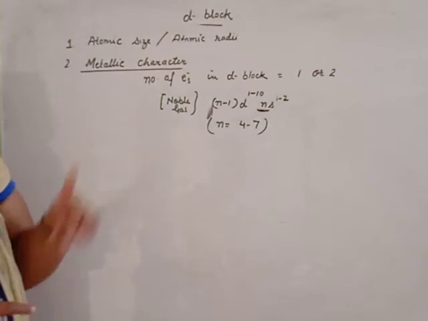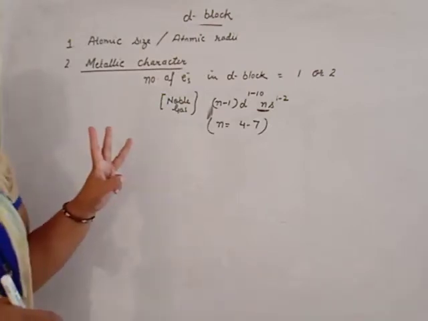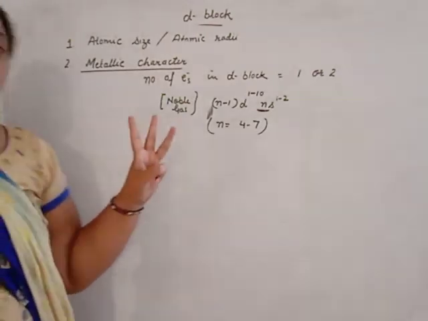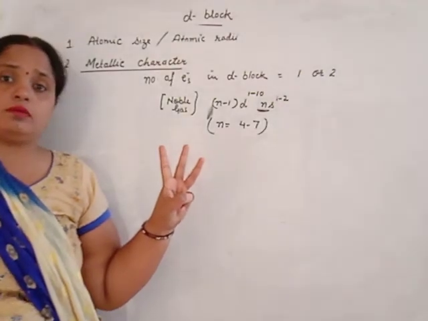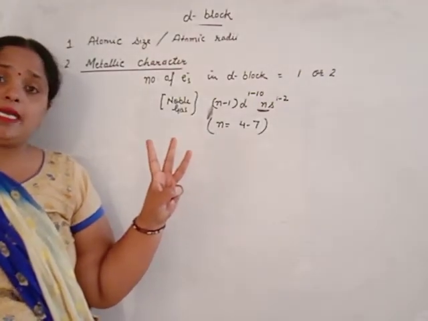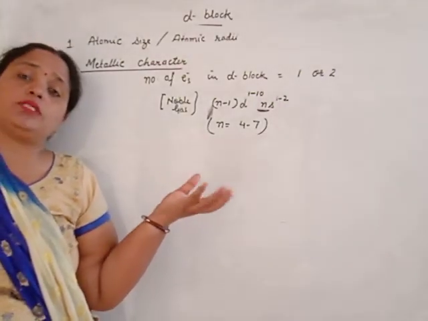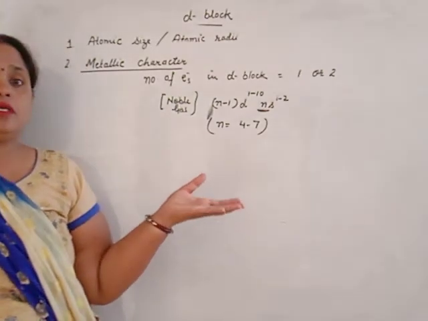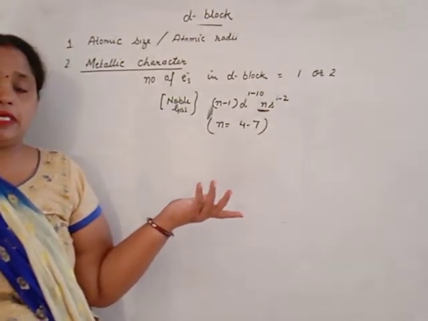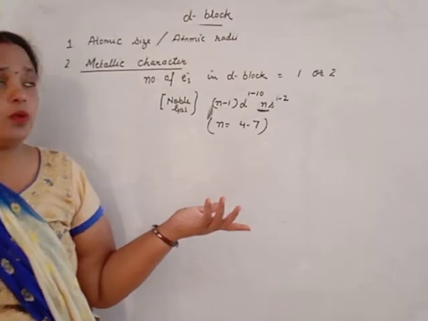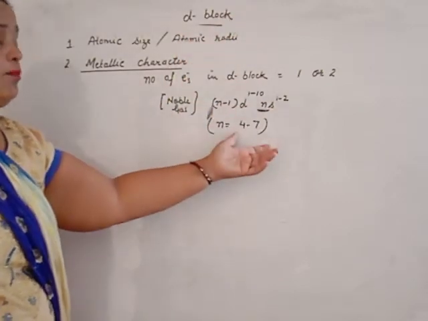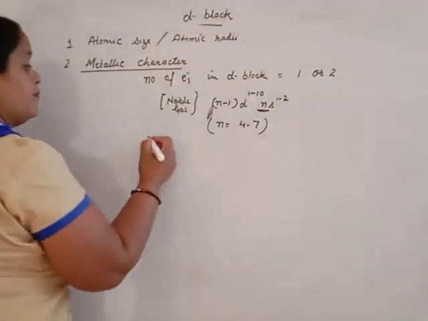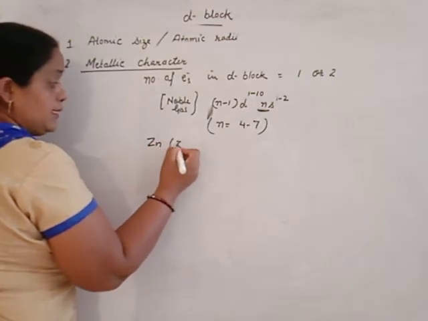Any element which has 1, 2 or 3 electrons in the outermost shell has a tendency to lose these electrons. And any element which has a tendency to lose its valence electrons is known as a metal, or its character is known as metallic character. All d block elements have metallic character, beta. Zinc, atomic number 30.